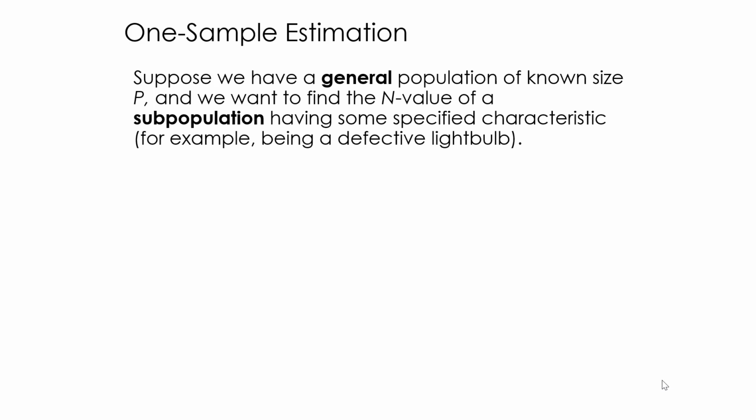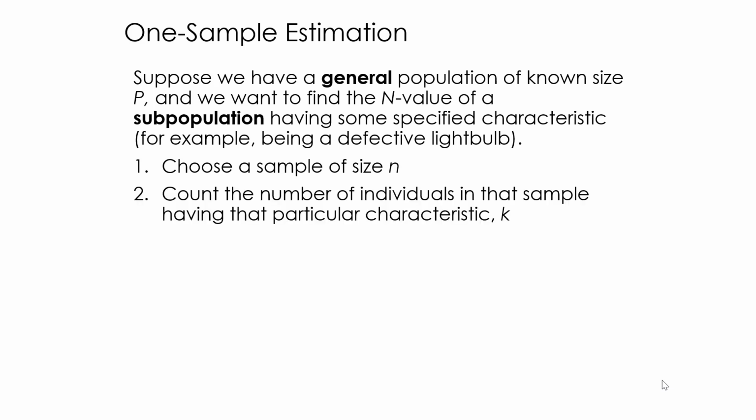One sample estimation. Suppose we have a general population of known size P, and we want to find the n value of a subpopulation having some specific characteristic, for example, being a defective light bulb. So what we're going to do is choose a sample of size n. We're going to count the number of individuals in that sample having the particular characteristic, k.